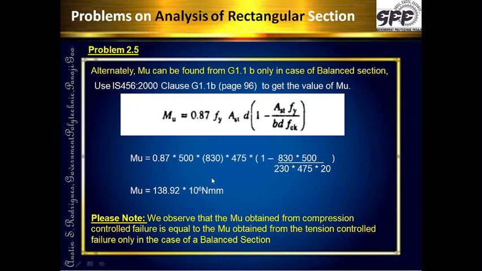Now when we solve this, we get the value of Mu as 138.92 into 10 raised to 6. So whether we find it from the compression side or the tension side, the value comes the same. Obviously it has to be equal, because in a balanced condition, the compressive force C will be equal to the tensile force T. The force in compression will be equal to the force in tension.